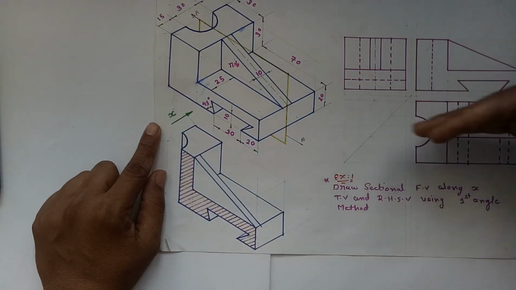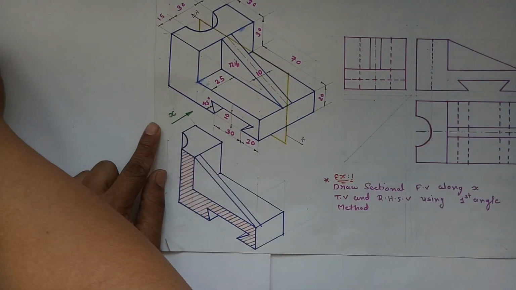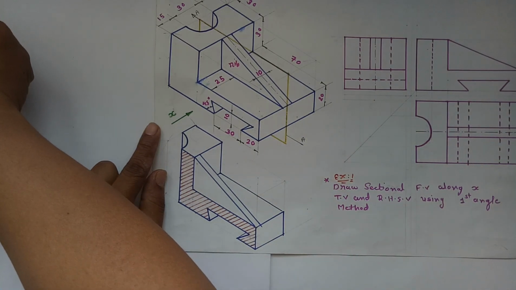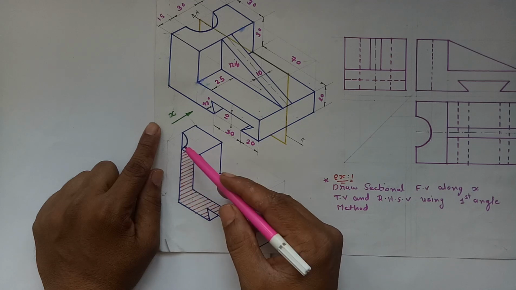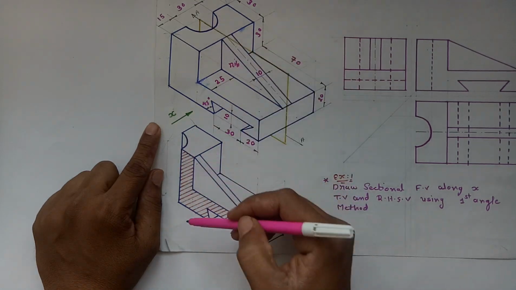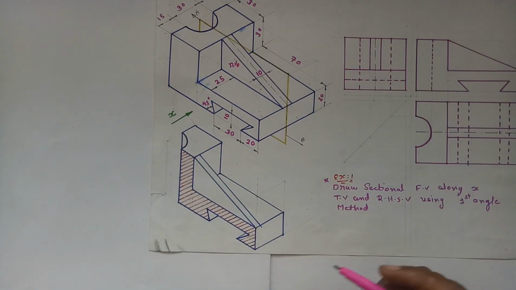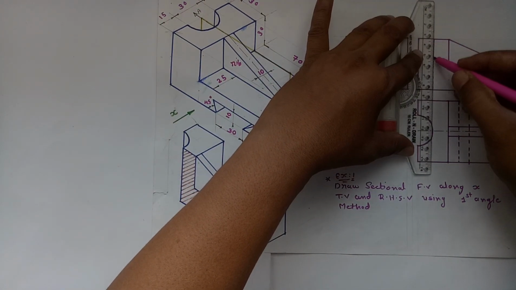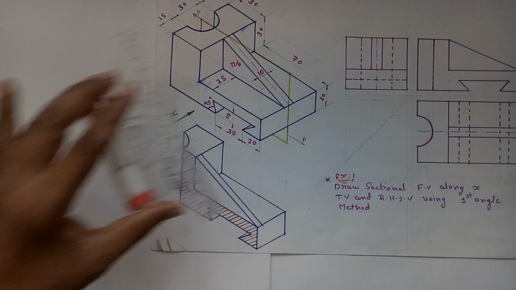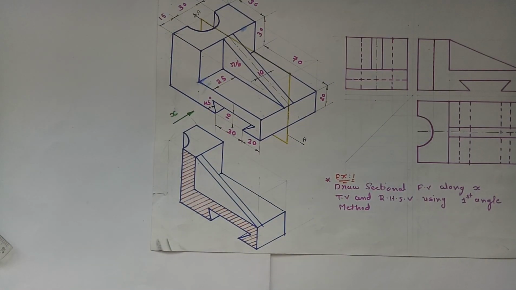After taking the section, the circular part is going to be visible, or the outline of the circle is going to be visible in the front view. So this hidden outline of the circle is going to be visible in the front view.